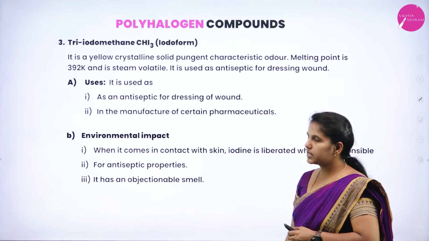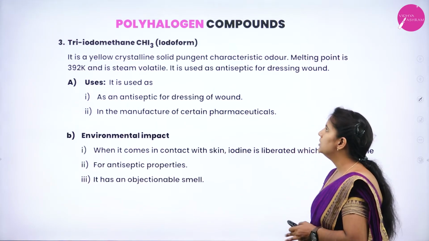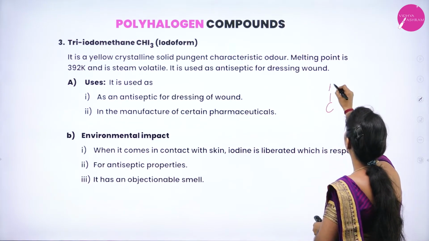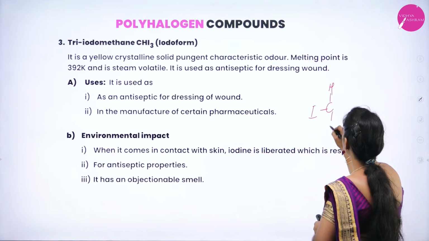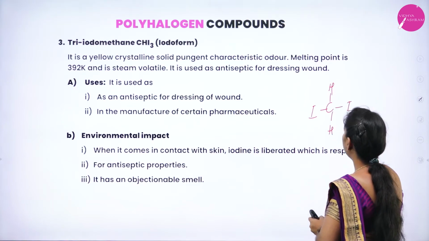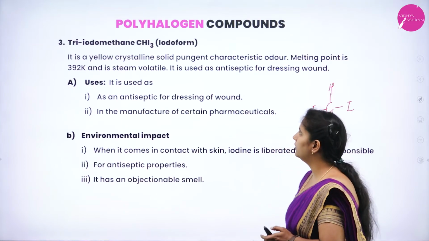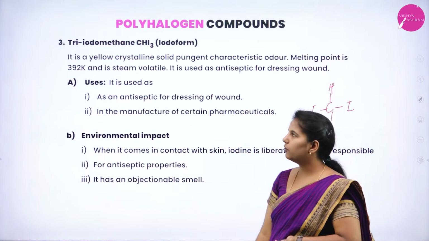Coming to the next polyhalogen compound. So here again we are preparing it from methane by replacing all 3 hydrogens with iodine, which is known as what? Triiodomethane. Okay, or it is known as what? Iodoform.